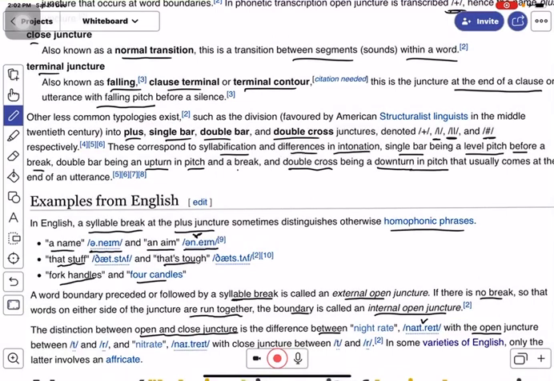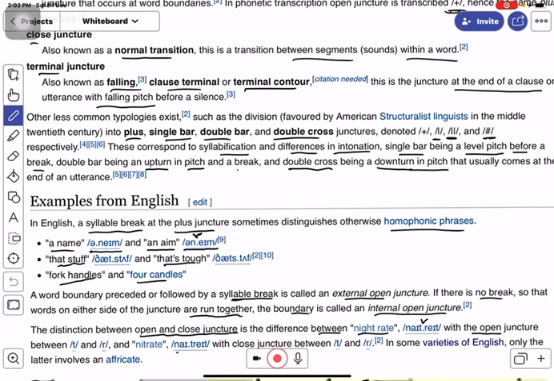The distinction between nitrate, as in a full word, a chemical nitrate, with it being marked after the first syllable, ni and trate, and in the phrase night rate, as in the rate of the night, the transcription goes as follows: night, then break, and then rate.